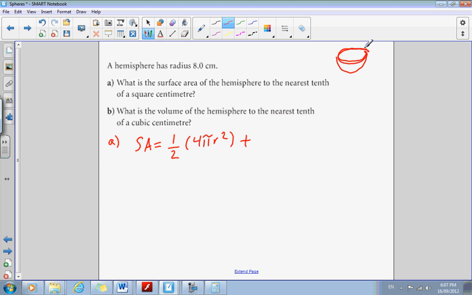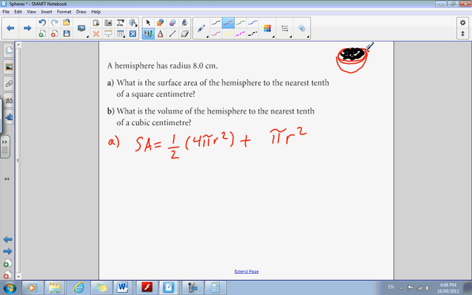Plus, it has this circular portion right here that I'm coloring in black. That circular portion is part of the surface area, so we must add that on. It's a circle. So when you split a sphere in half, you're left with a little bit more surface area than just half. You do have that circle there, so we do have pi r squared.